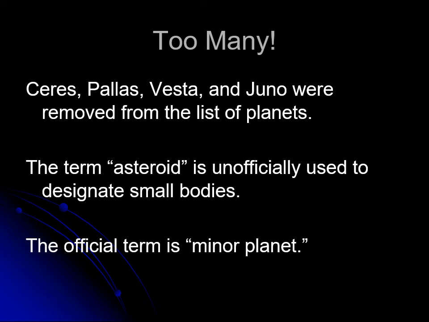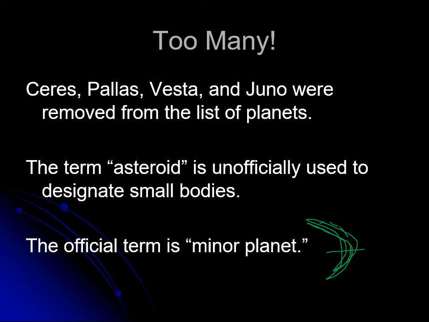We now realize they are leftovers from when Jupiter moved inward, so they never were planets. They never got a chance to make themselves into planets. Some of them may have been planetesimals that ran into each other and blew themselves apart into smaller objects. The official term that astronomers eventually decided on for these kinds of objects is minor planet.